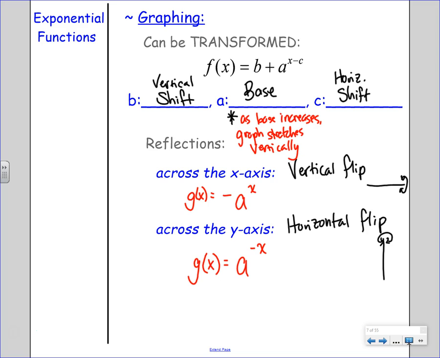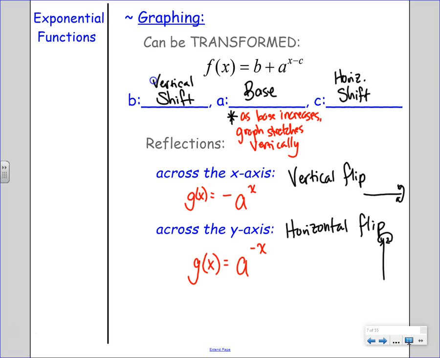Like if you were to go from 2 to 1/2 to 1/4 to 1/8, that's going to be getting shrunk vertically. So not that dilations can't show up, not that you can't have multiplication on the inside or on the outside that would be a dilation, and we'll keep our eyes open in case it does show up. But usually just the bases change when they're trying to do that sort of change to the graph.